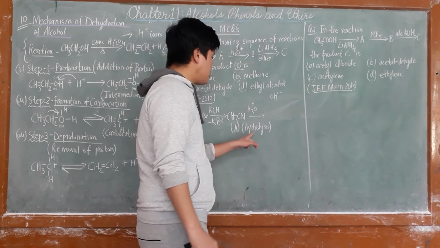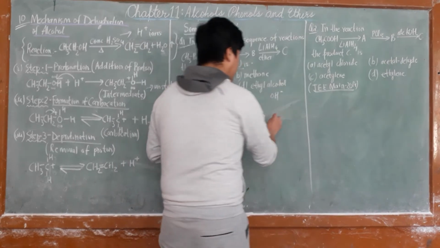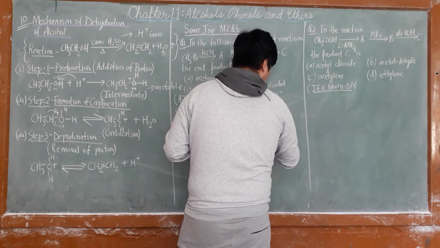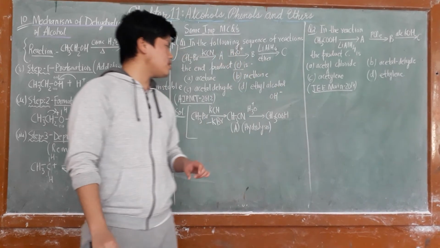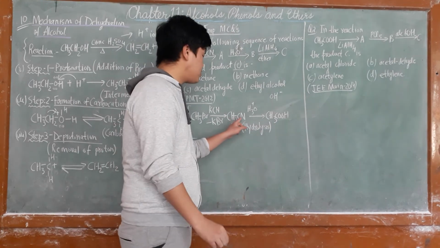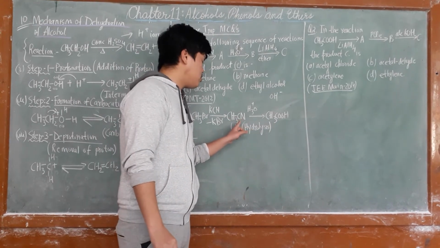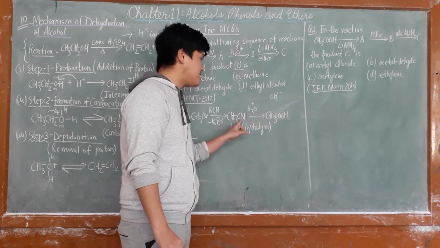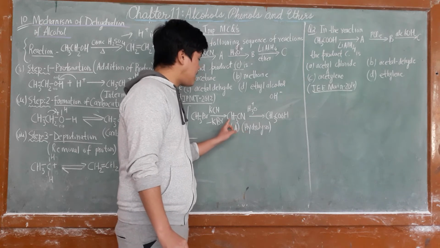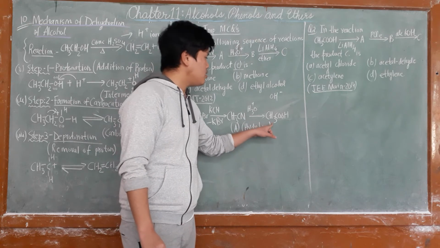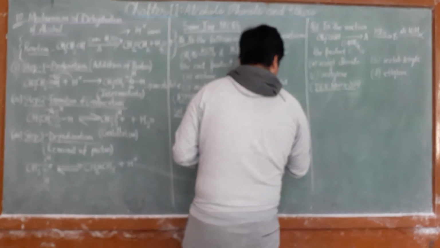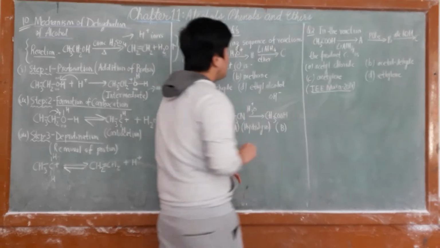Complete hydrolysis of the cyanide group of methyl cyanide gives you an acid. Ethanoic acid will be your B product.